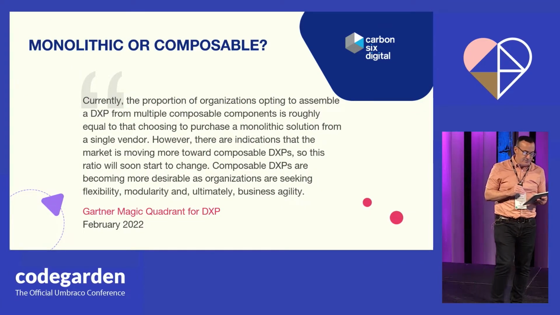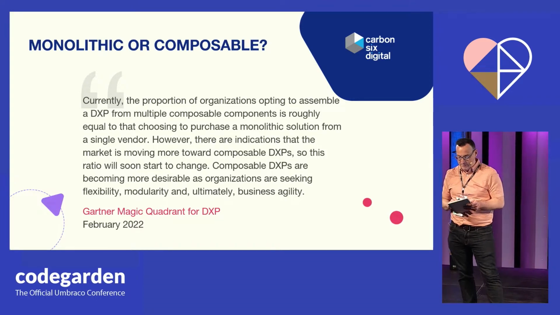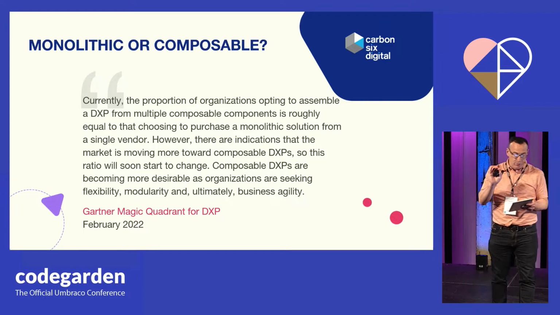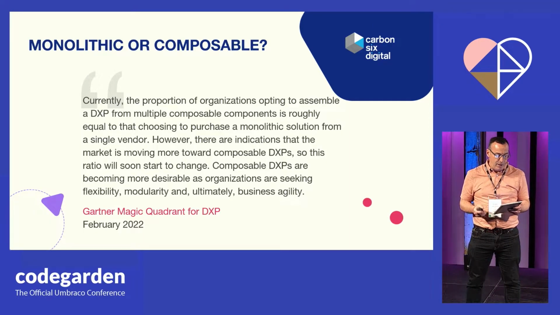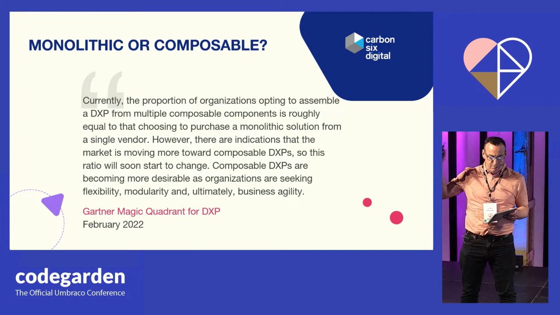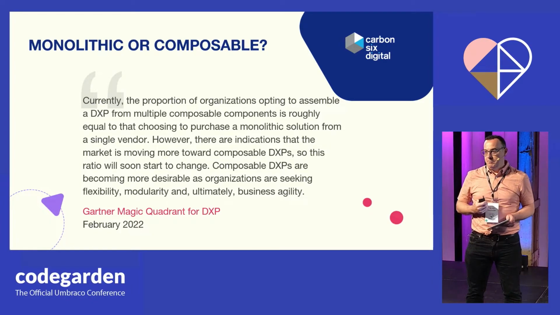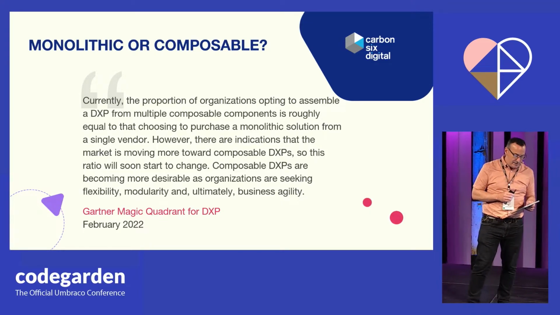There are indications that the market is moving, however, more toward composable DXPs. So this ratio will soon start to change. Composable DXPs are becoming more desirable as organizations are seeking flexibility, modularity, and ultimately business agility. Let's look at that in more detail.